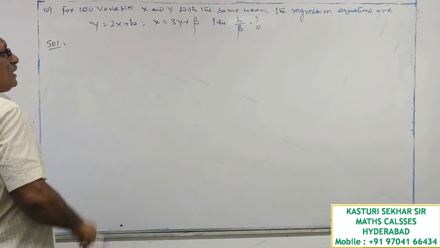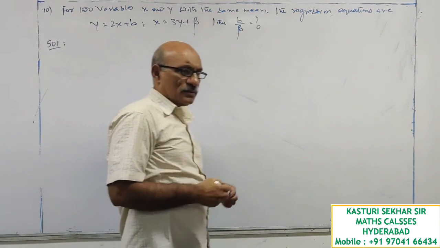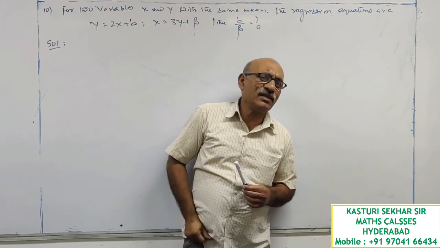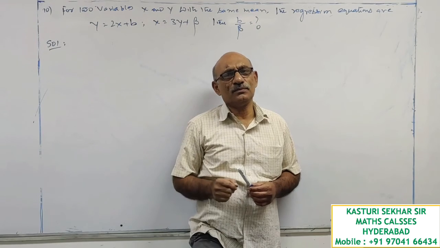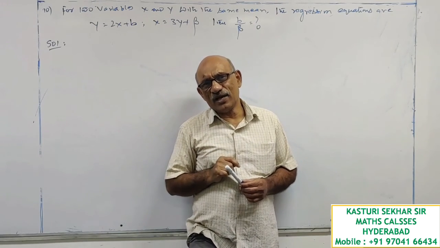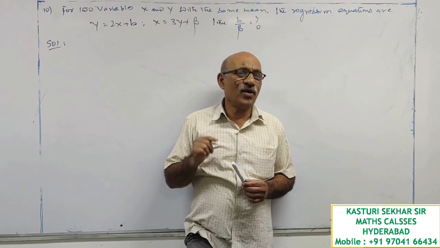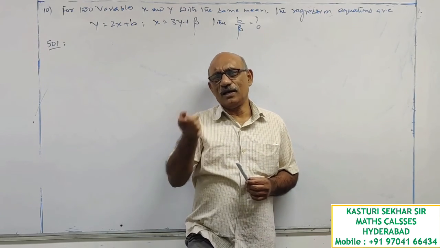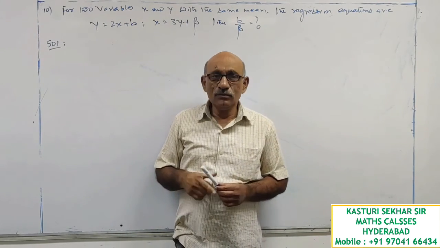Solution. We know one point. What is that? The two regression lines are intersecting at the point x bar comma y bar. It means x bar comma y bar lies on both the lines.